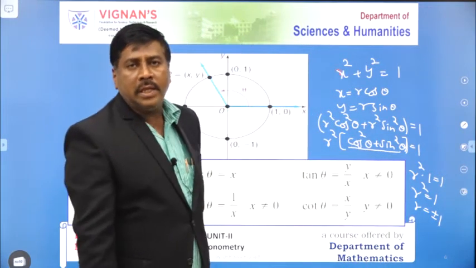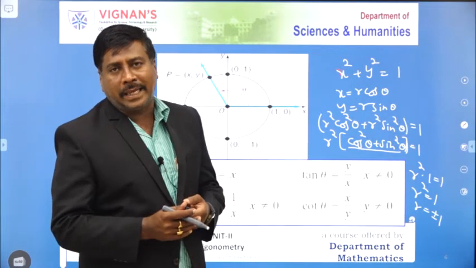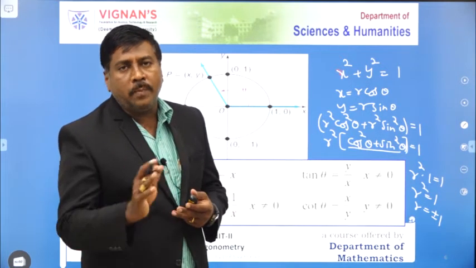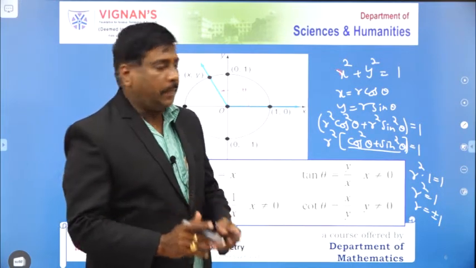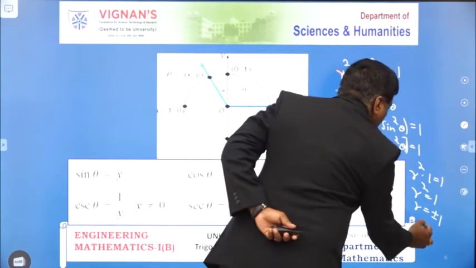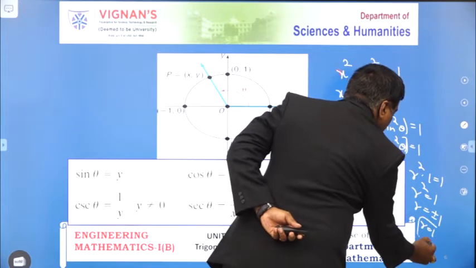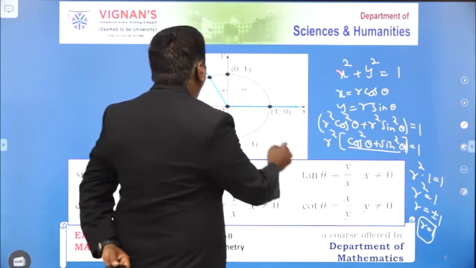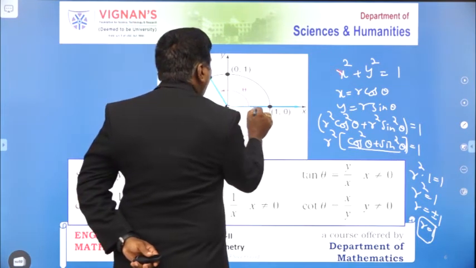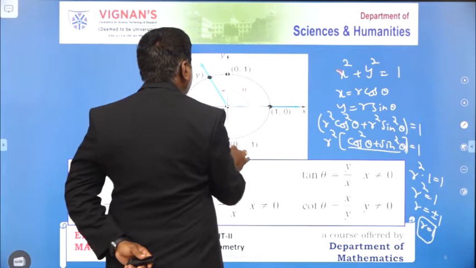The meaning of that is the radius of the circle is always positive. We cannot consider r to be negative. That means here r is plus 1, so the radius is 1. Here, this is the coordinate plane with the x axis and the y axis.